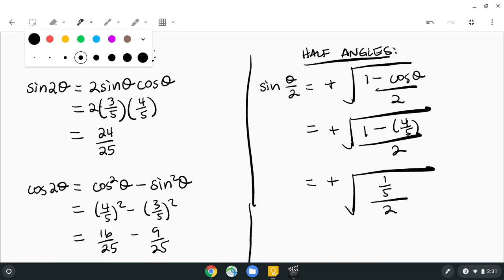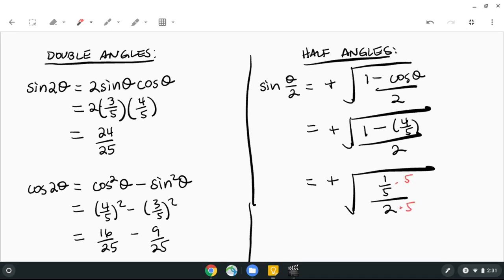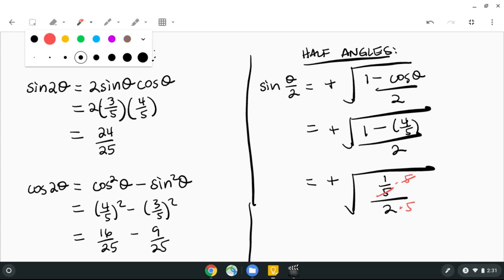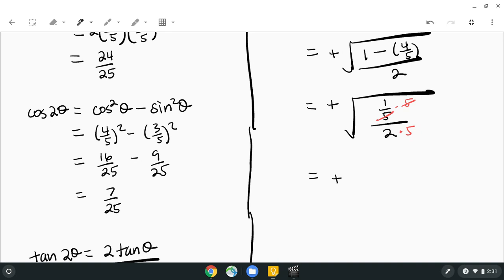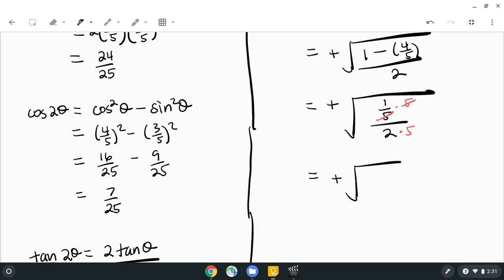Like I said, you could have done it in that previous step. So my LCD is 5, so I'm going to multiply both the numerator and the denominator by 5 to get rid of my fraction. And that will leave me with a positive answer, and here we get 1 over 10.